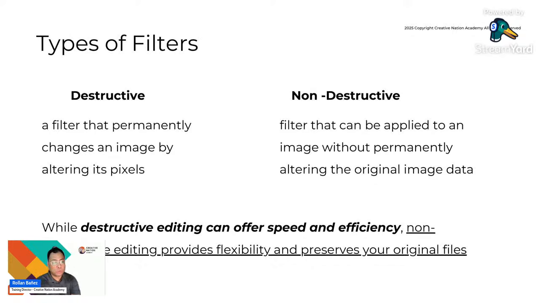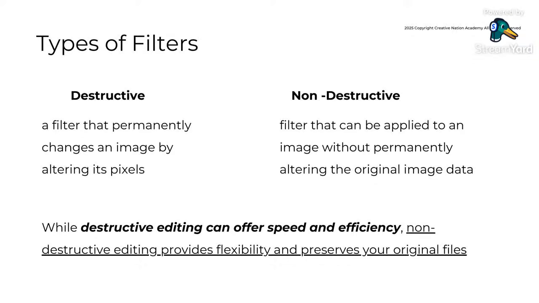I'm also going to provide you the actual filters that are destructive and the non-destructive ones, because knowing these types will enable you to decide how to create your projects to offer you the best flexibility. While destructive editing can offer you speed and efficiency, non-destructive editing provides you flexibility and preserves your original files, especially if you're using smart filters.